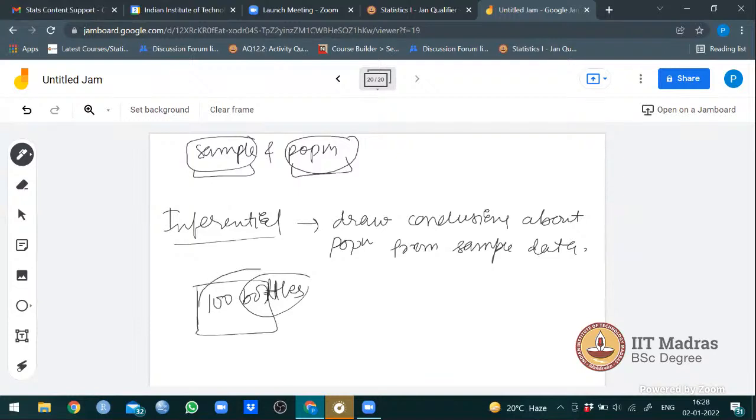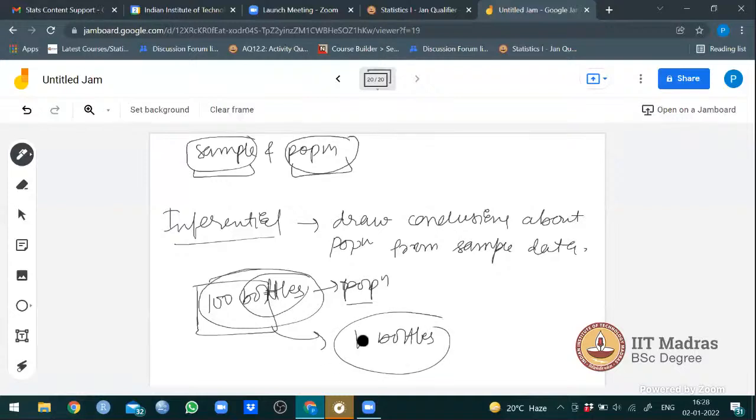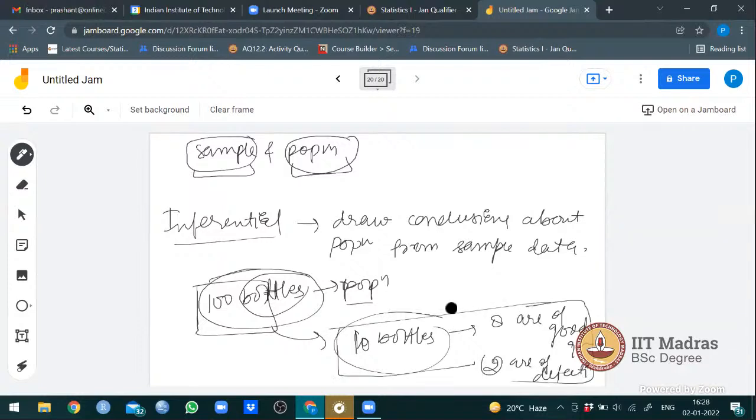For the inspection, I take 10 bottles. Out of these 10, I got 8 bottles of good quality and 2 defective. Based on this data, I conclude that out of 100 bottles, more of the bottles are of good quality.